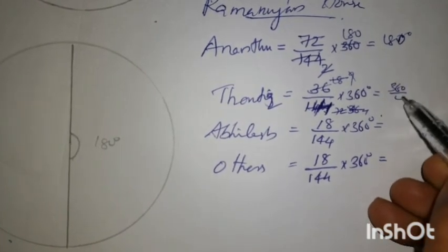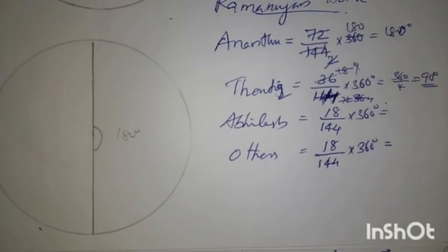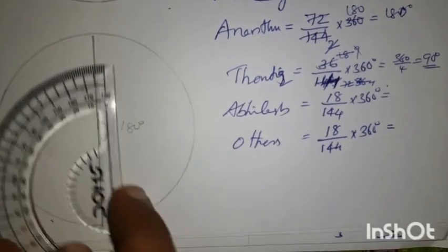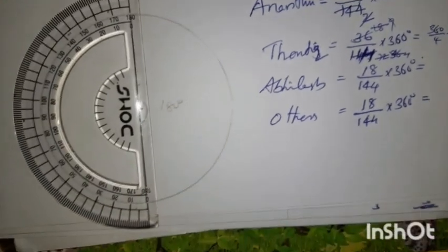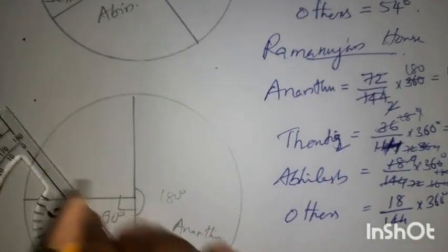So 360 by 4, you are getting 90 degree. So make half. From here, 90 degree you have to mark it. Then draw the line.